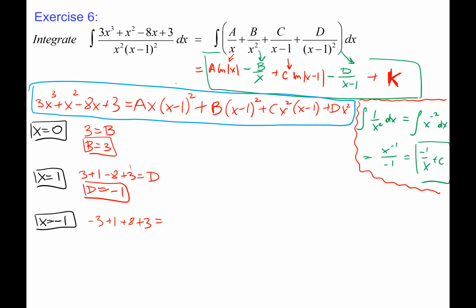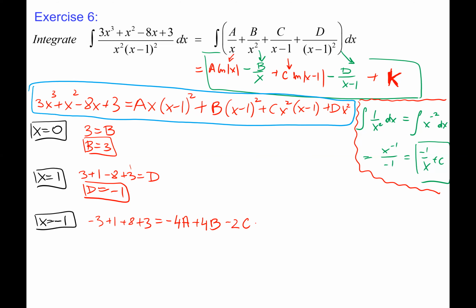Negative 1 and negative 1 will be negative 2. Squared is positive 4, but this will be negative 4a. Okay. Negative 1, positive 4b. That's 4b. Negative 1 and negative 1 is negative 2c.